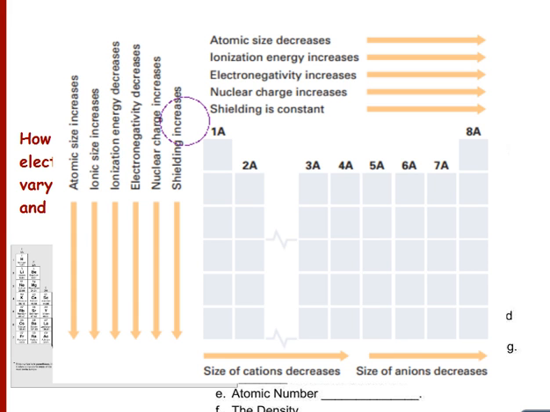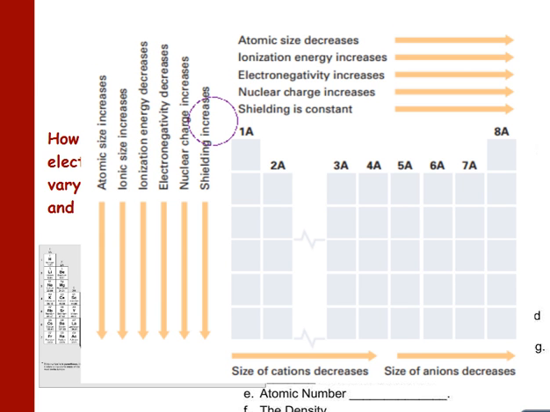Okay, so the big ones I want you guys to remember are atomic size, ion size, ionization energy, electronegativity, and nuclear charge.